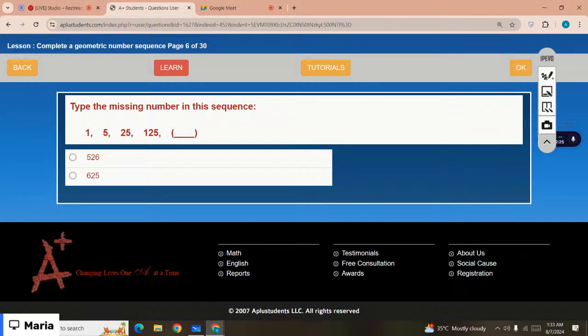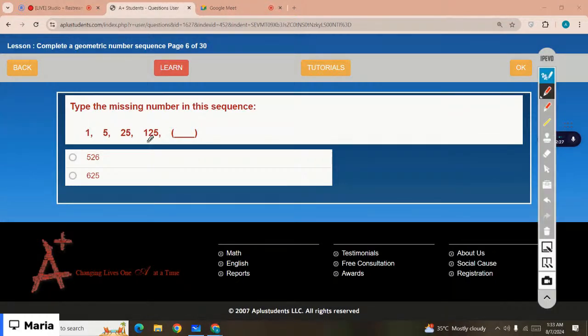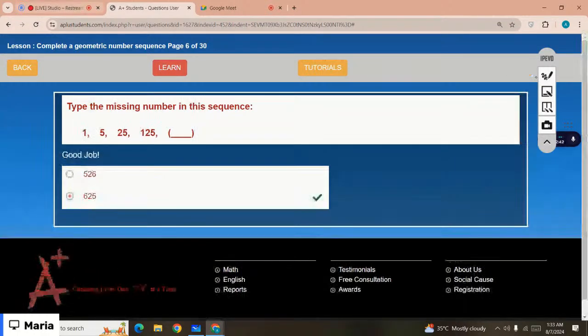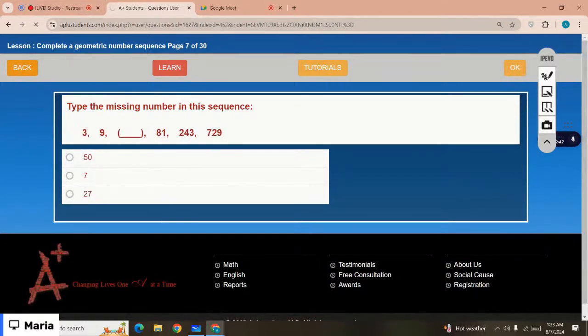You need to multiply each next number by 5. So you need to do 125 times 5. So that is 625. Option number 2 is the correct option. Got it? The correct option is 625. Okay, you can complete the lesson by yourself later today. Let me just move on to the next lesson.